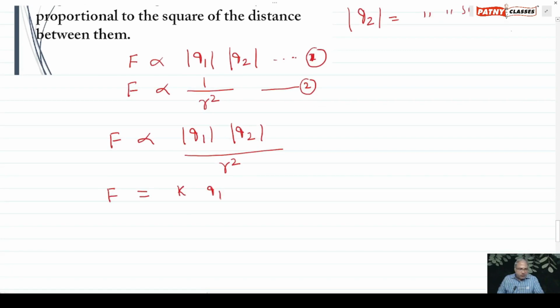So F equals k into magnitude of first charge, magnitude of second charge upon r square. So what is k? K is nothing but electrostatic constant of force.